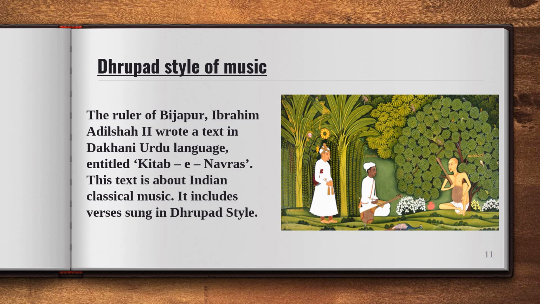It includes verses sung in the Dhrupad style and enables the audience to experience the joy of excellent poetry. Dhrupad is the most ancient style of Hindustani classical music that has survived until today in its original form. The Dhrupad tradition is a major tradition of Indian culture. The nature of Dhrupad music is spiritual and not entertaining.